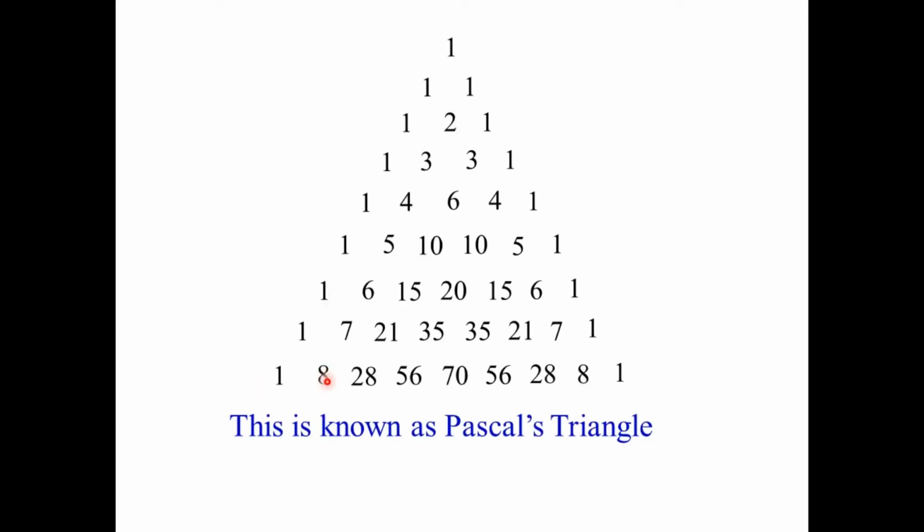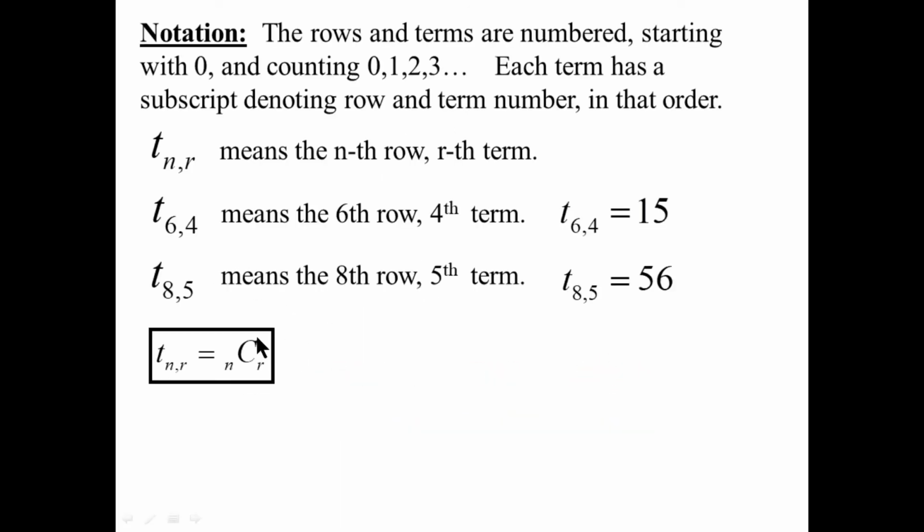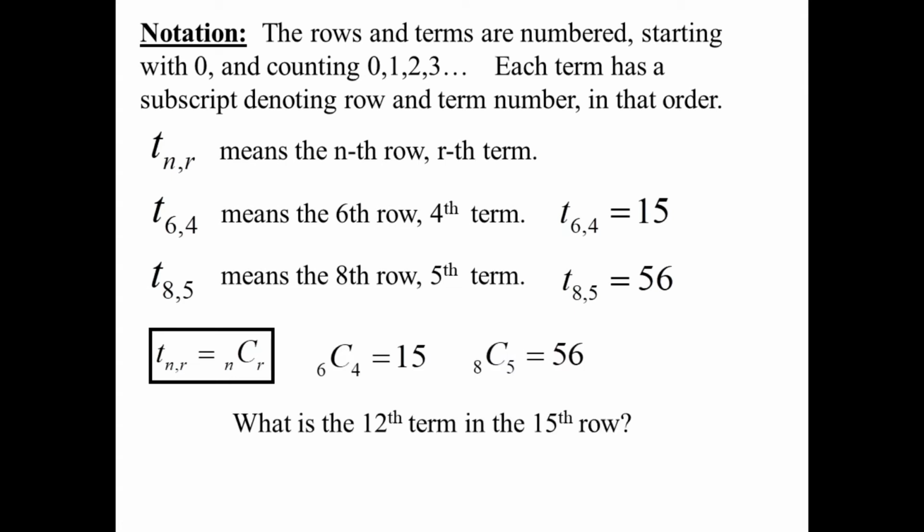Let's also note, go back and make an observation here. In the 8th row, there is 1, 2, 3, 4, 5, 6, 7, 8 terms, if we count this as the 0th. So it would make no sense to ask for, say, the 10th term in the 8th row. That would make no sense because the 8th row only has the 8th term. So when we're doing this little exercise, it would make no sense to say, what is the 20th term in the 15th row?